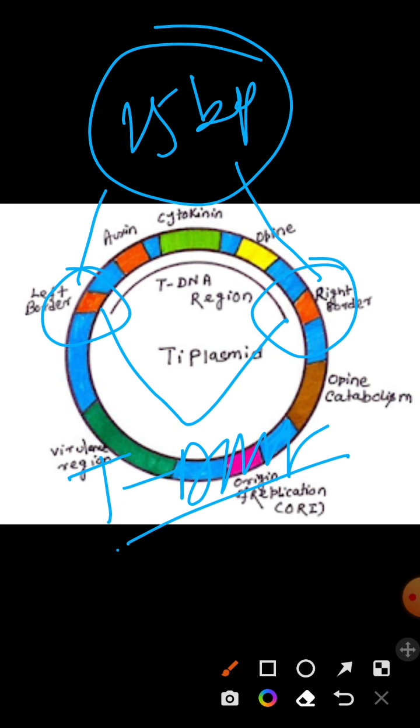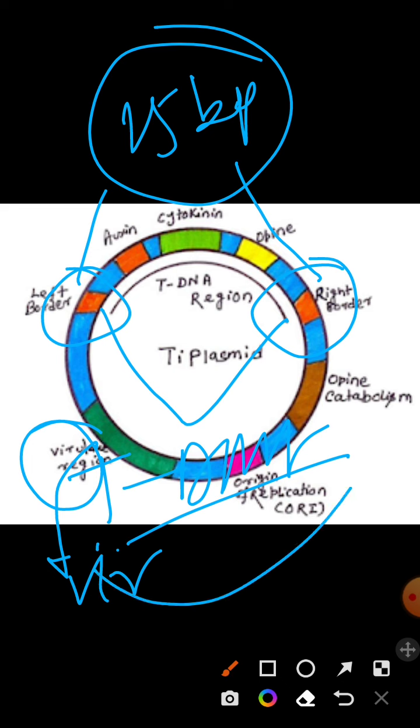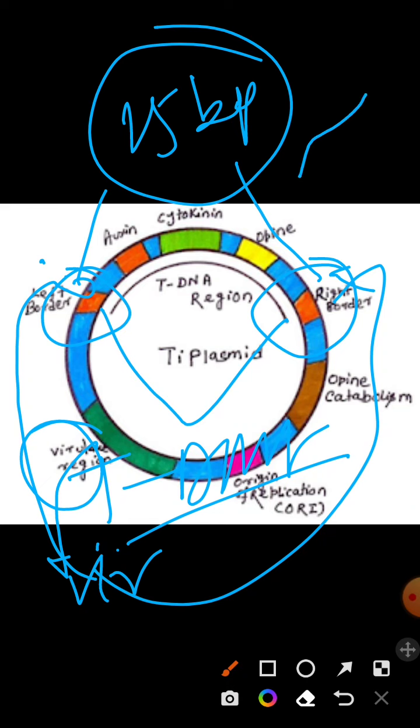We are going to see in our upcoming videos, where I am going to show you how the vir proteins produced by the vir genes react with the right border and left border and result in the release of a single stranded tDNA that will be guided by VirD2, a protein, inside the plant cell and into the plant cell's nucleus.